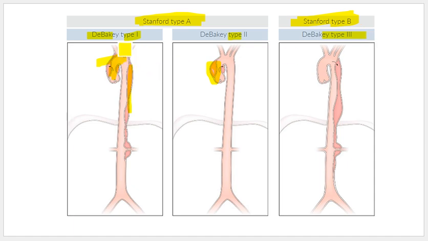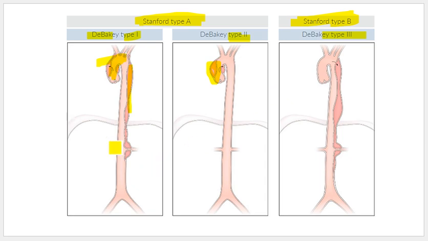They say if both ascending and descending aorta are involved, we call it type 1. If only the ascending aorta is involved, this is called type 2, and if only the descending aorta is involved, this is called DeBakey type 3.